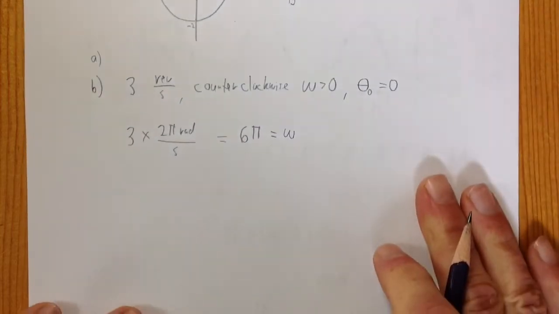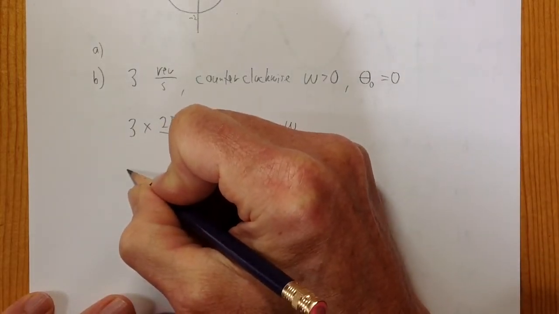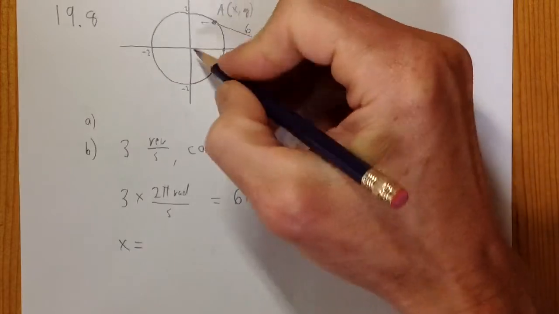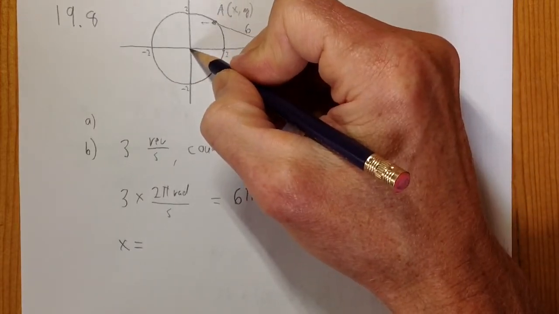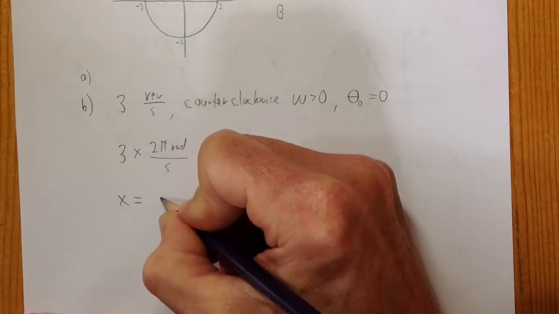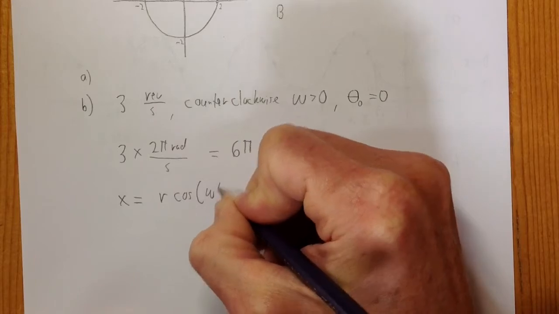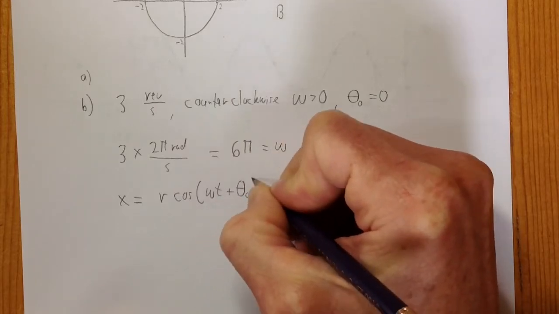Okay, right away then we can write down what the x and y is. Also we're calling the center 0, 0, so the average is 0. So our x-coordinate is always r cosine of omega t plus theta 0.